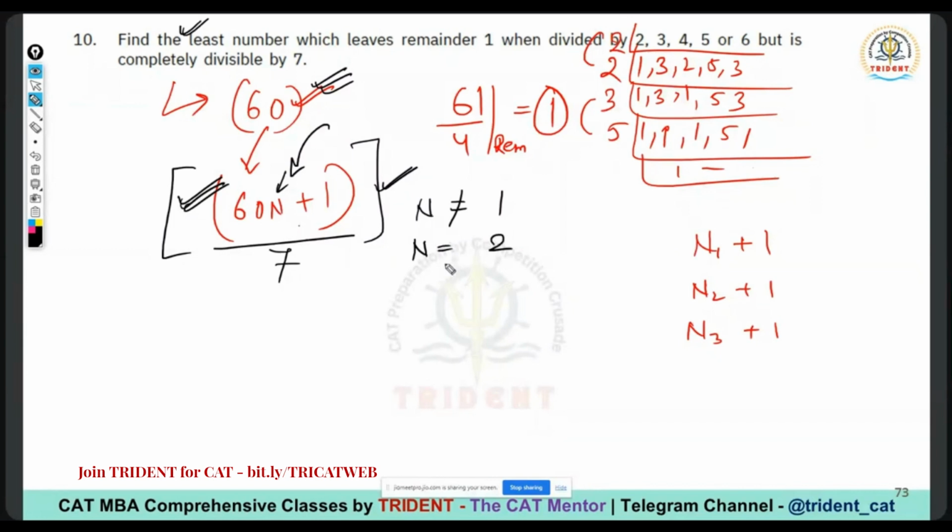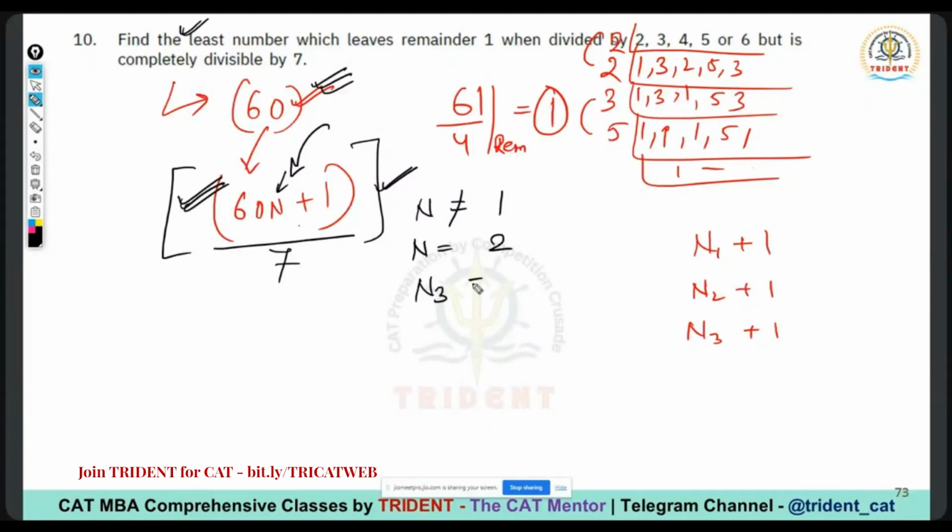Think on it. Scribble a little bit. I can give you the answer, but I want you to scribble it. No, 2 won't work either. This is going to be 121, obviously doesn't go by 7.